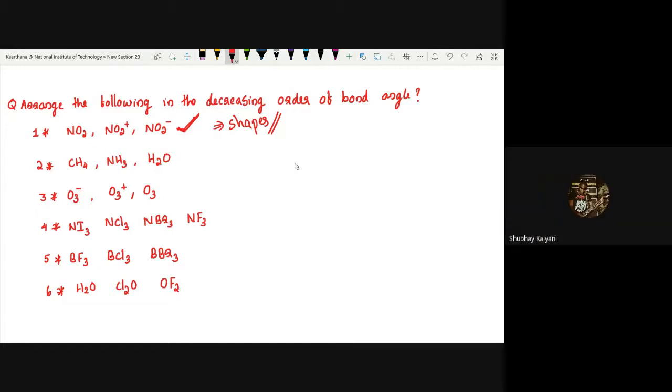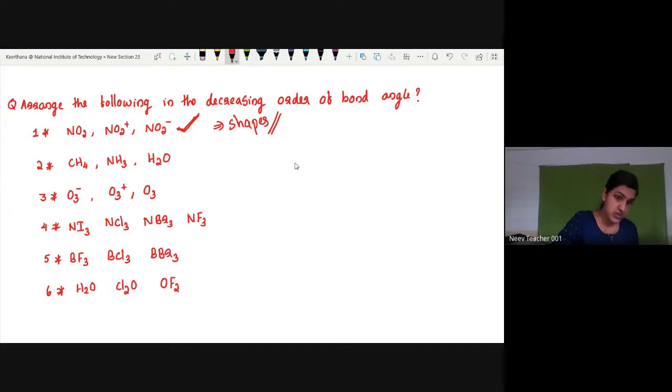No, it's VSEPR. Shapes. Tetrahedron, is it? No. Yes.